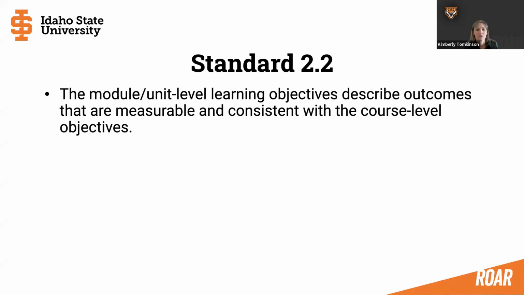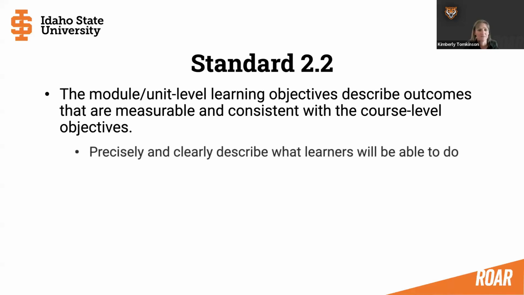And for standard 2.2, these are all about the module level learning objectives, but the same principles apply, that they need to be measurable and they should be consistent or be aligned with our learning objectives that are at the course level.